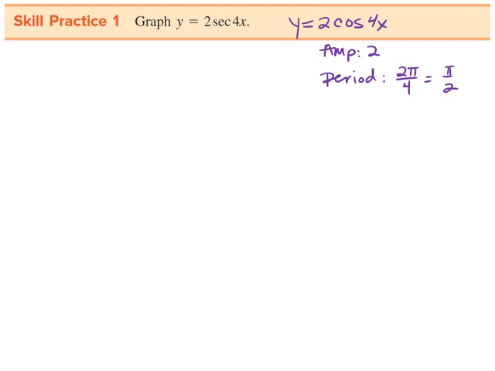So to find our starting and ending spot, we will sandwich the argument in between 0 and 2 pi. And we will discover that we will start at 0 because we don't have a phase shift, and we will end at pi over 2.